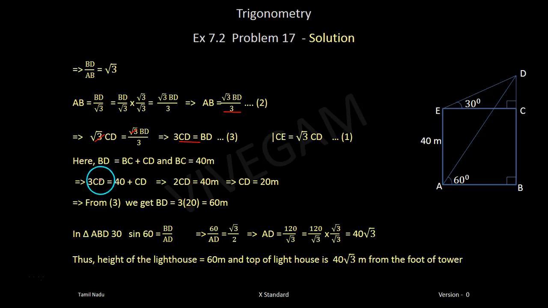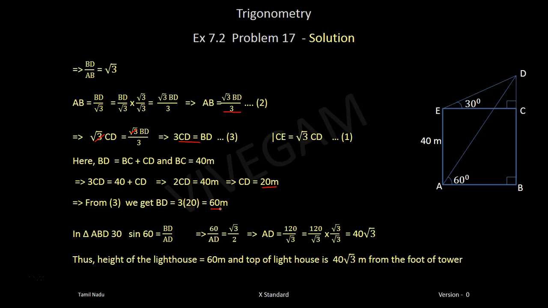So substitute that here. So we'll get 3CD equal to BC is 40 and plus CD. So which means 2CD will become 40 and CD equal to 20 meters. And if CD is 20 meters, you know BD is 3 times CD. So BD is 3 into 20, that is equal to 60 meters.